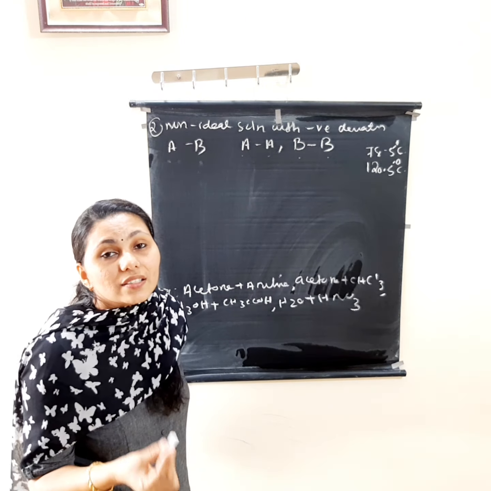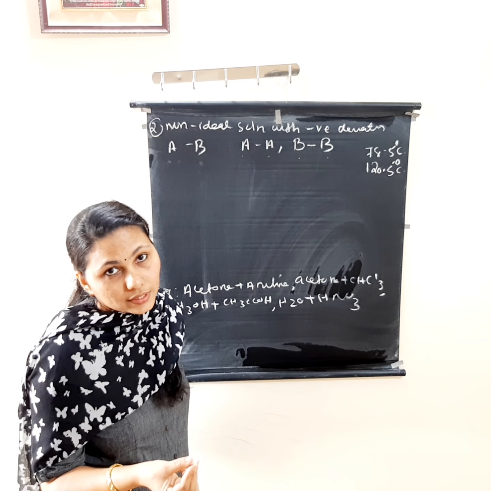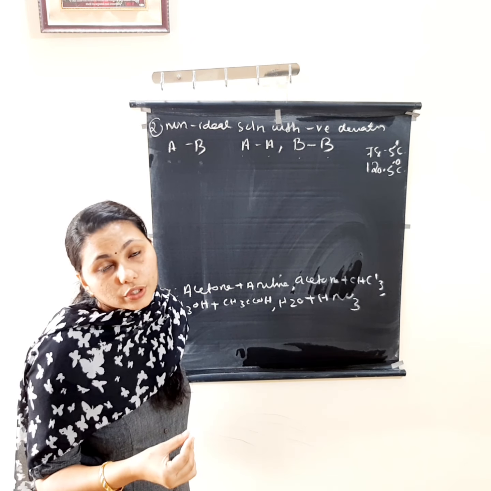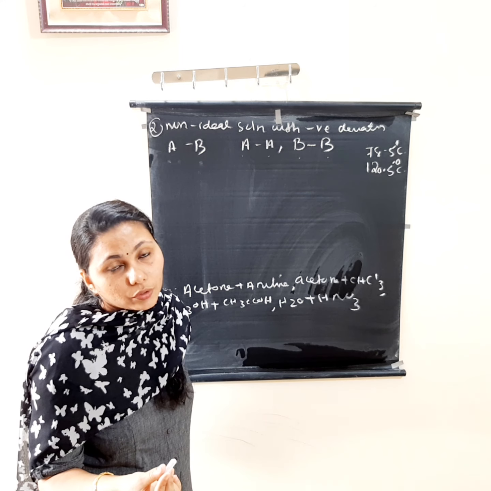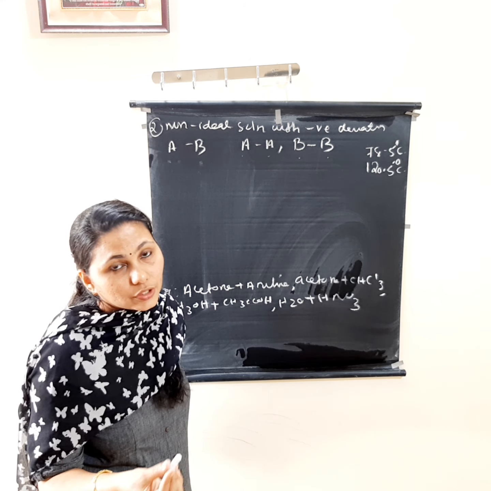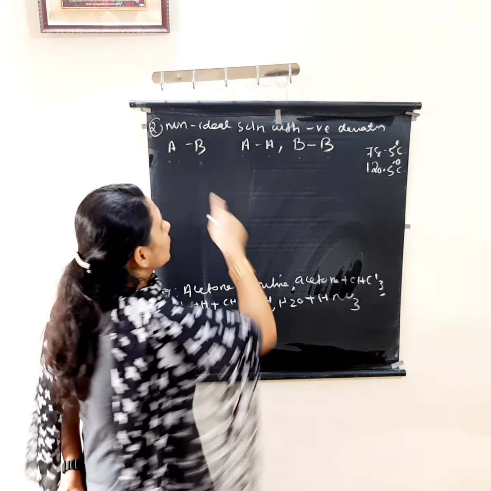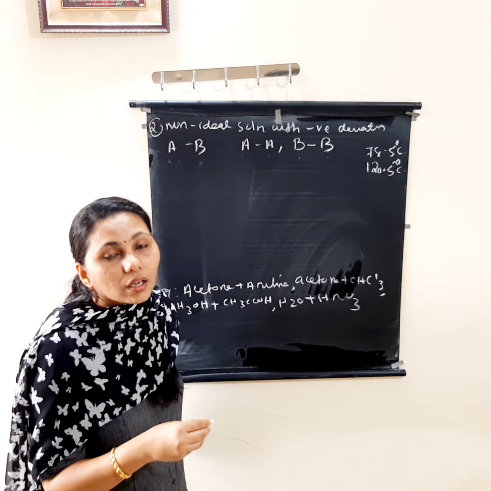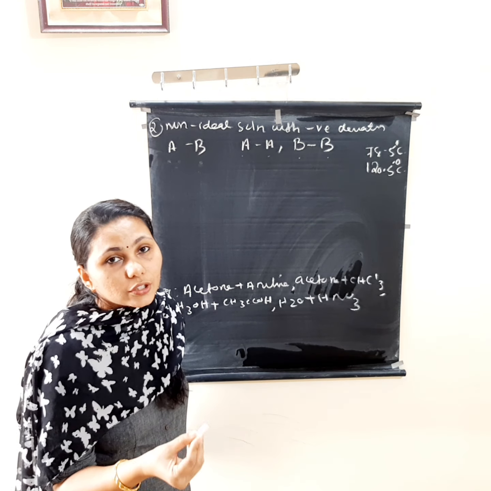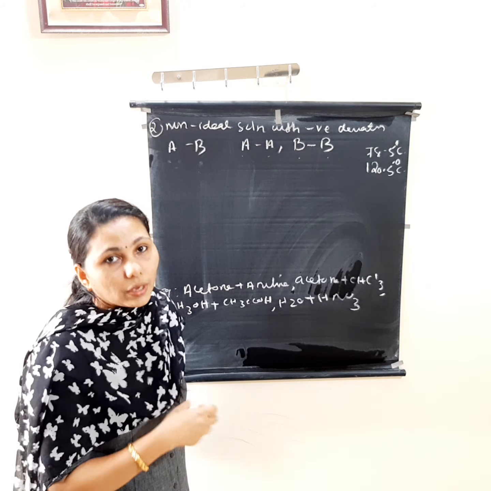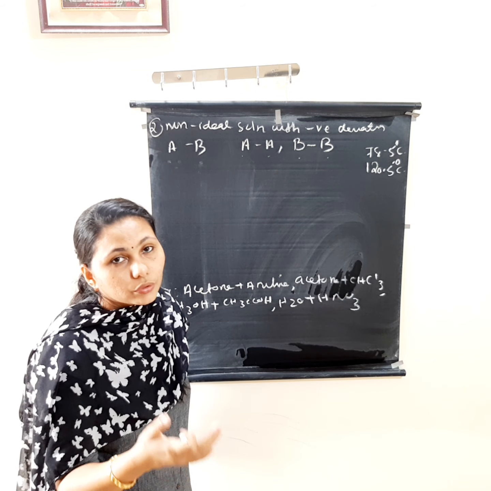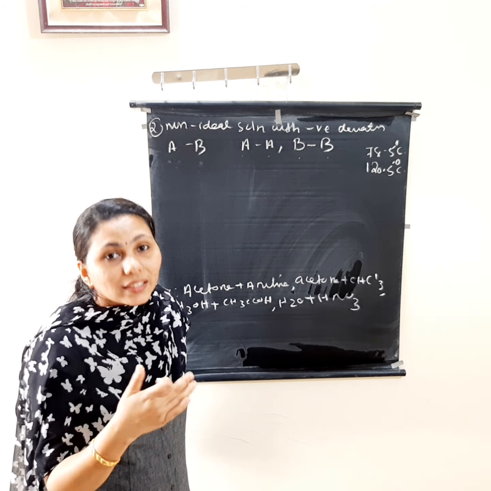So it is not easy for molecules to escape from the solution to the vapor state, because we have to supply more energy to break this bond in the solution. That is why the vapor pressure decreases.